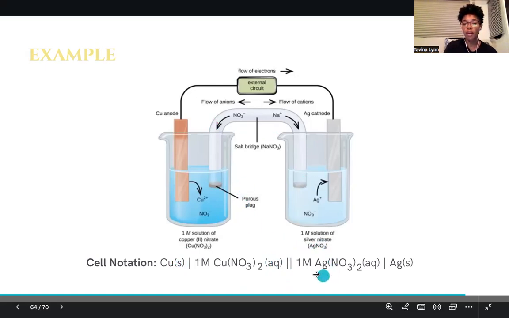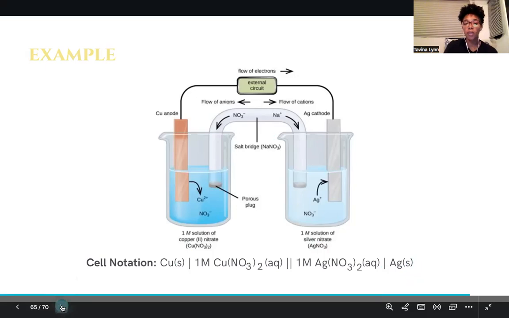Then we go to our aqueous solution of silver, which is silver nitrate. Once silver plus ions are reduced, we result in silver solid. So we write this single vertical line between silver in aqueous solution and silver in the solid phase.